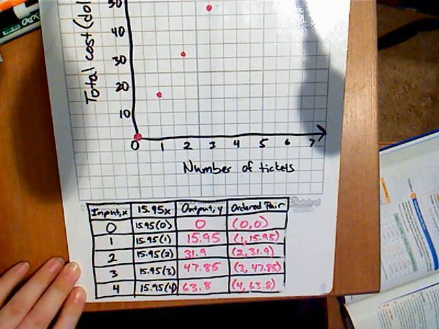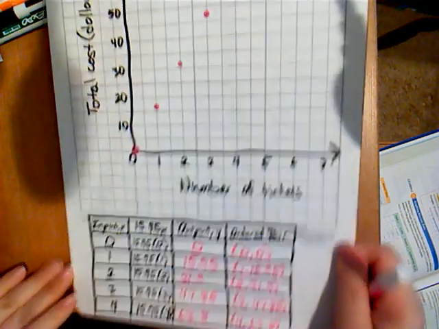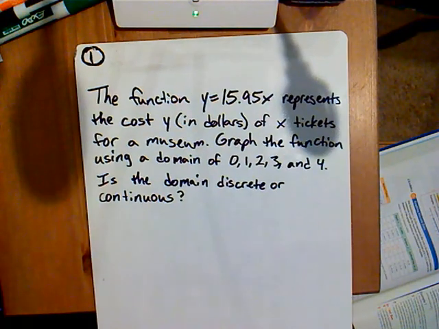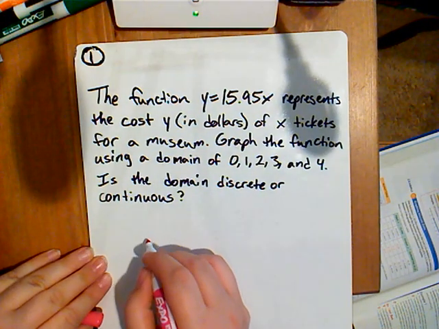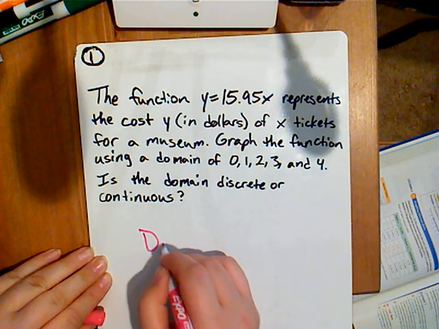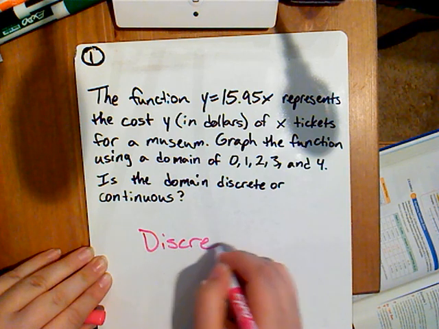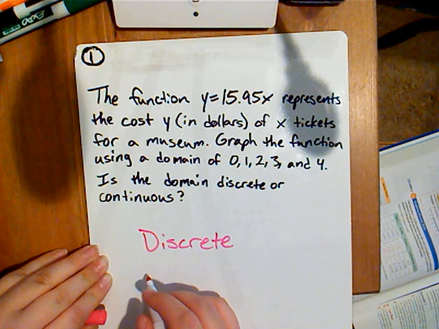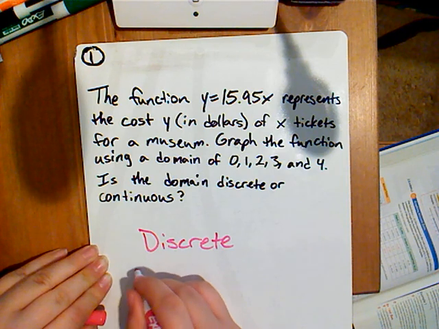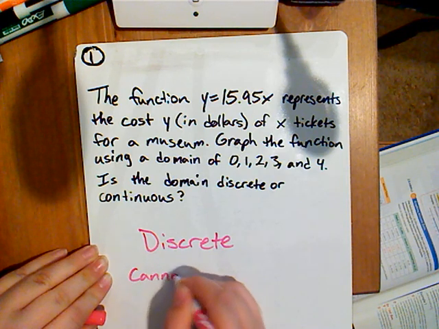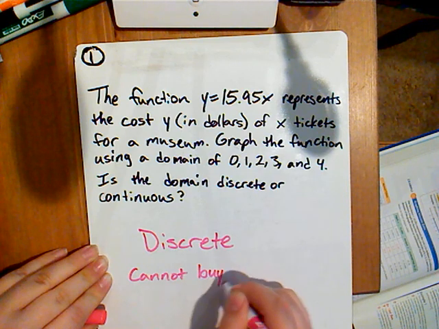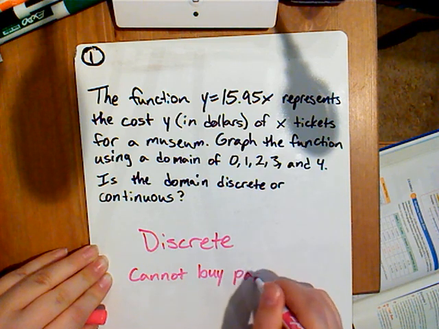You can't have a partial ticket, so our domain is going to be discrete. Okay, and it's discrete because you cannot buy part of a ticket.